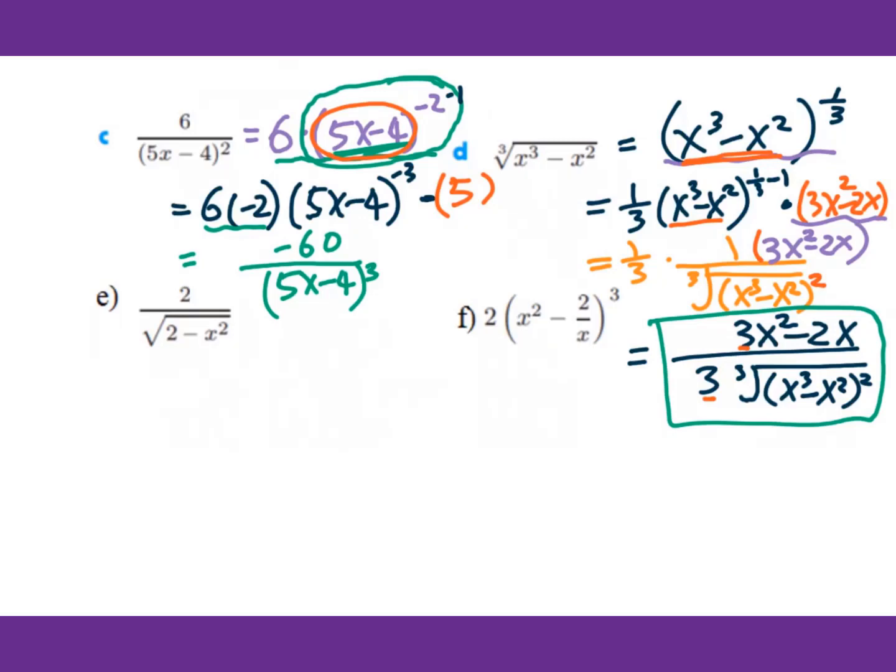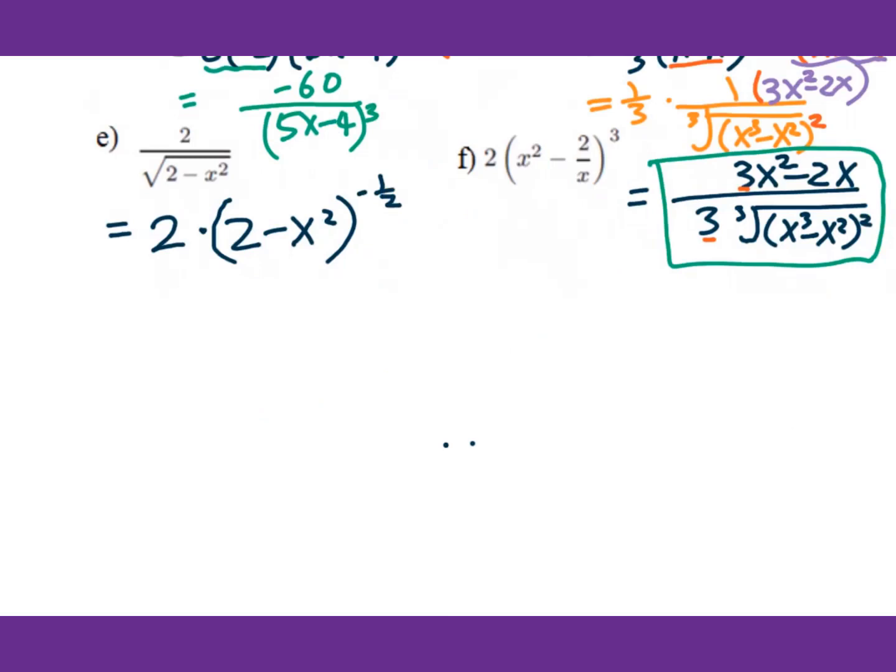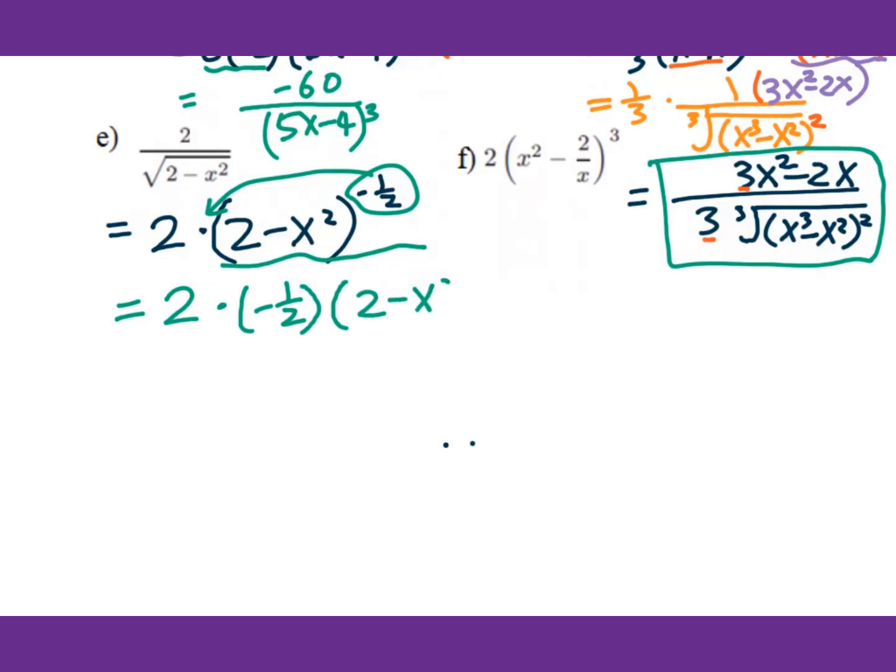Now let's go to E. I will do 2 times 2 minus x squared to the negative 1/2 power. So you will get the 2 times, drop down, we do the derivative for this function, the power rule. Negative 1/2, 2 minus x squared.